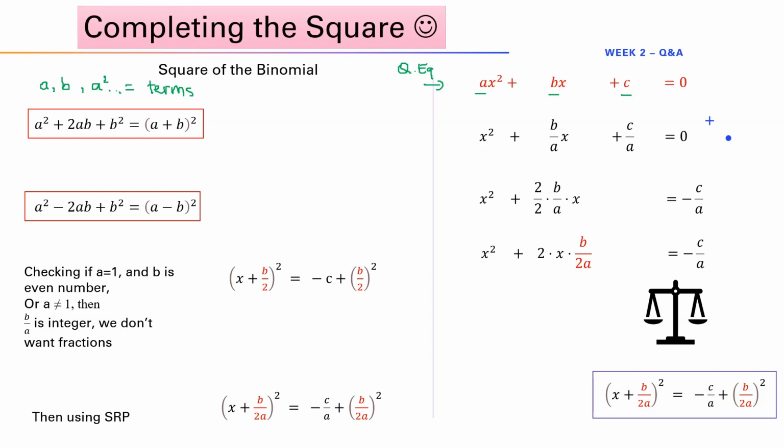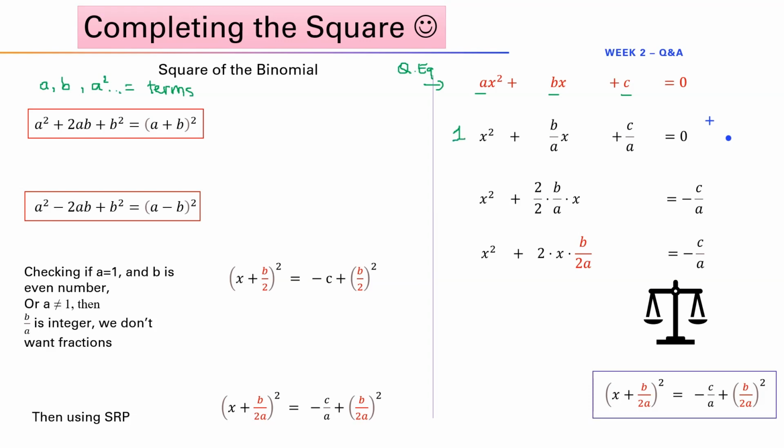I think we went over this one already in the lecture, so I will just go over it one more time. We would like to have the coefficient of 1 right here, so it's easy to work with.